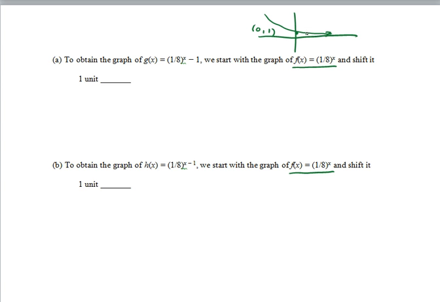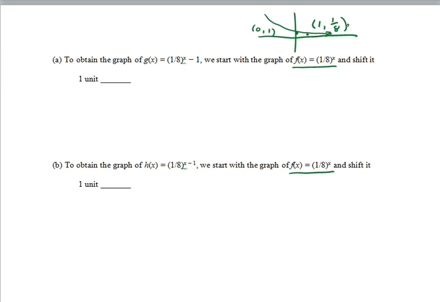and a second point on the graph would be 1, 1/8. So 1/8 to the 0 is 1, and so 0, 1 is one of the points, and 1/8 to the 1 is 1/8. So 1, 1/8 is also a point on the graph.